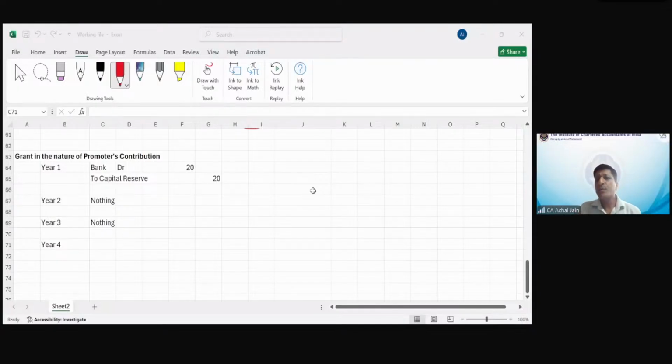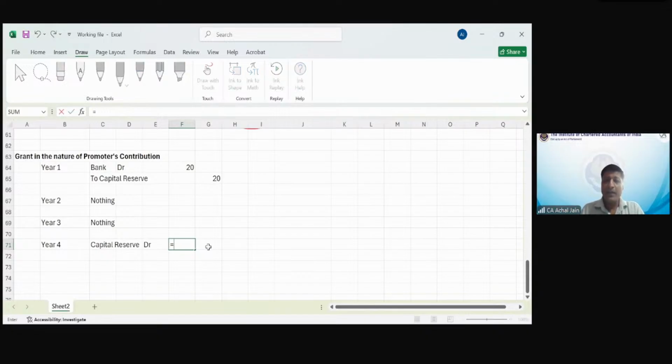I think Soumya, Tanu, Smriti, they have the same answer. So what is the accounting entry you'll pass in fourth year? Capital reserve debit by 20 lakhs to bank 20 lakhs.